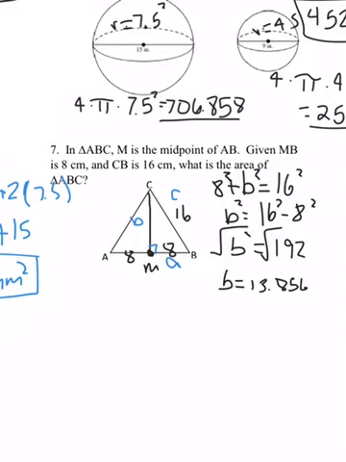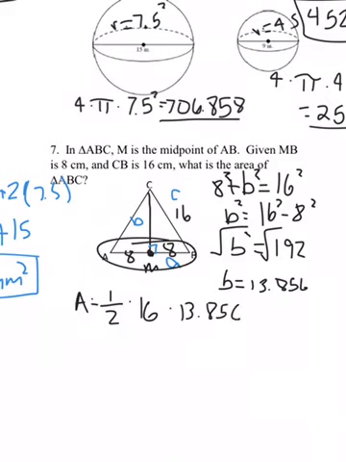So you now have for area 1/2 times 16, because it's 8 plus 8, times 13.856.